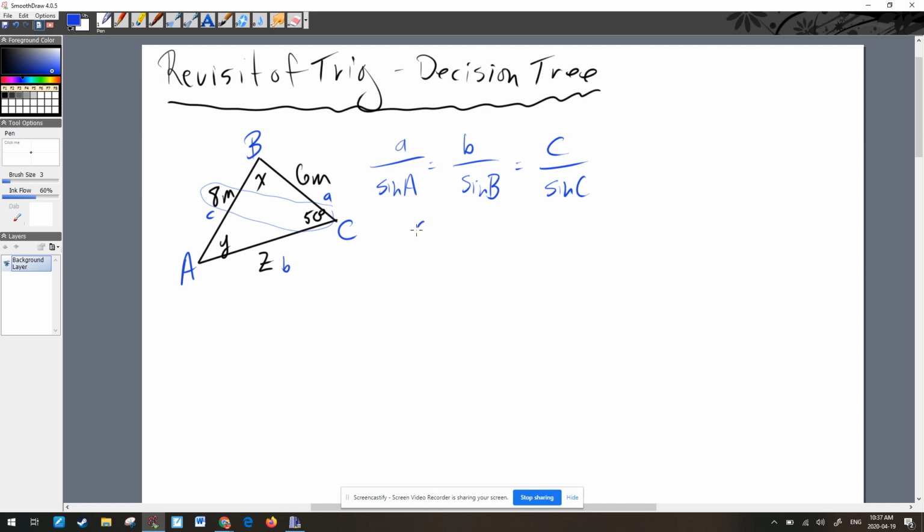So little a is going to be 6 over the sine of y. And little b is z, and that's going to be over the sine of x. And it's equal to little c, which is 8, and that is over the sine of 50.